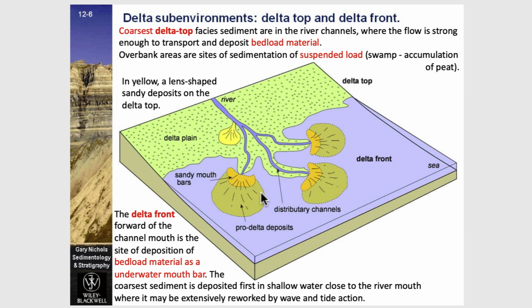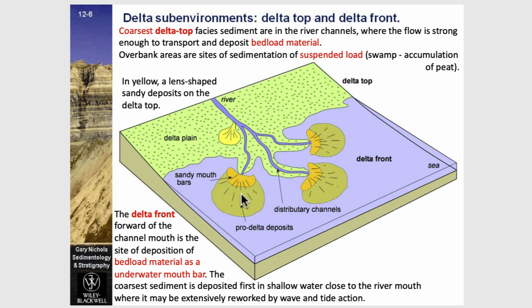Another important aspect of deltas is the progressive decrease in grain size of the material that is deposited. So in the delta front, we tend to have what are called pro-delta deposits forming.